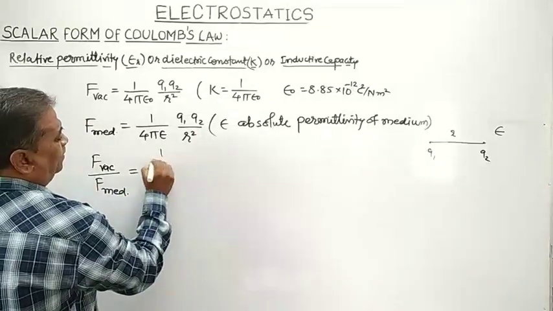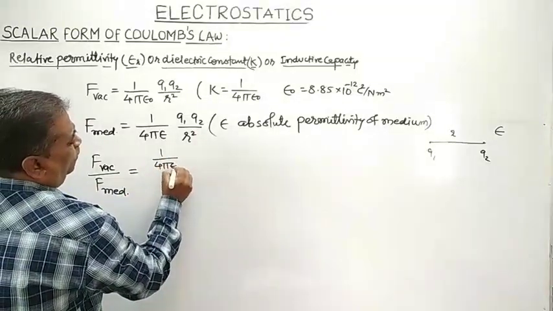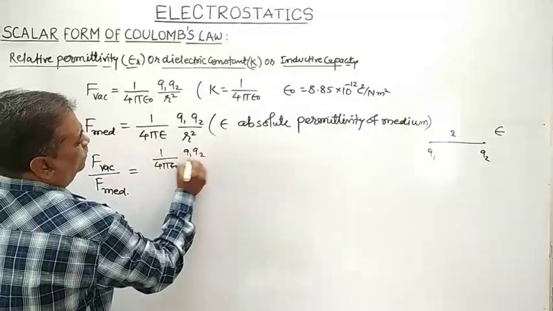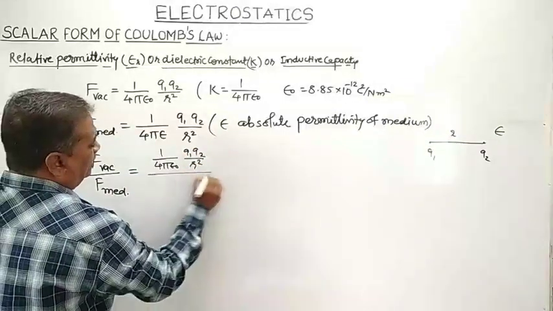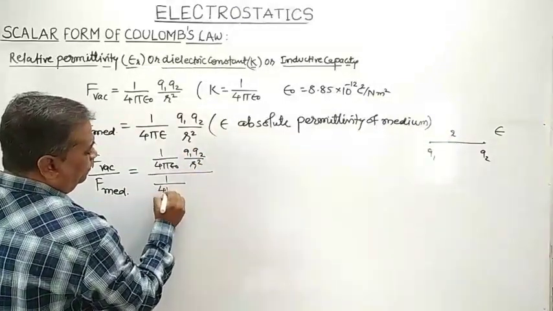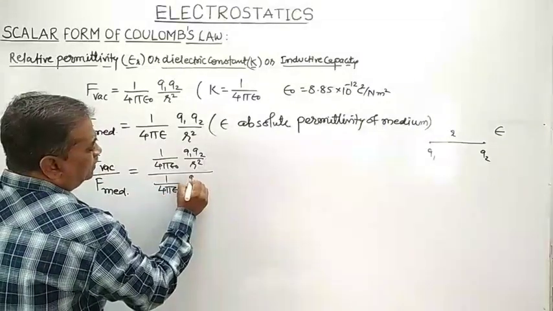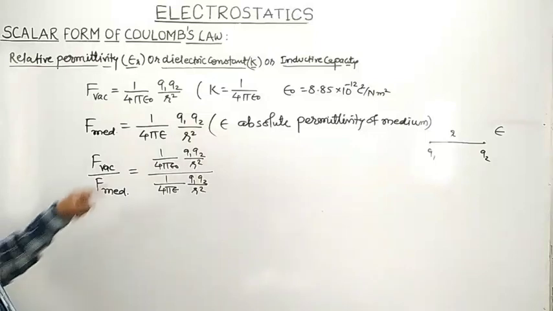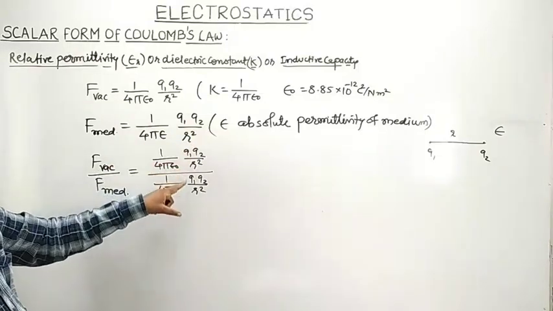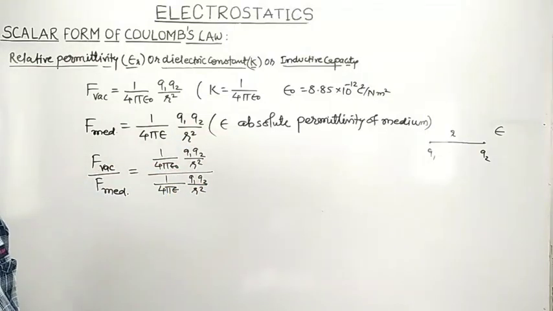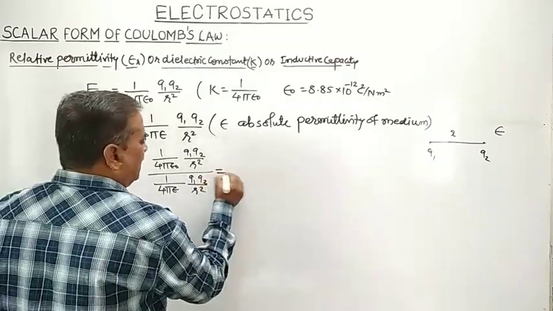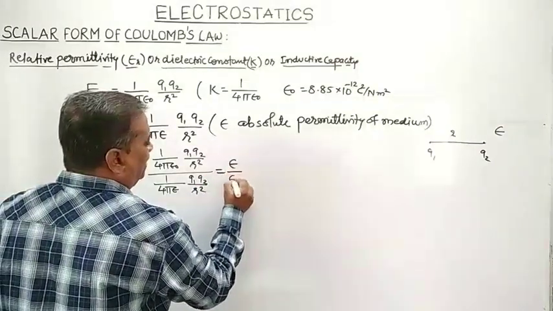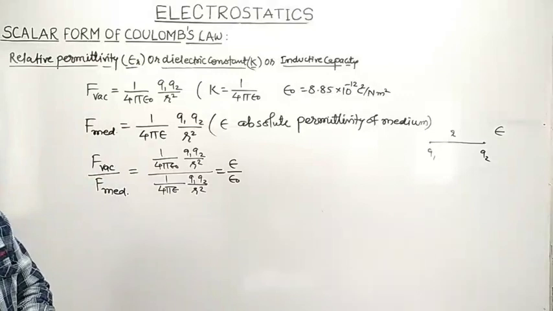Then it is found to be equal to 1 upon 4 pi epsilon 0 q1 q2 divided by r square, whole divided by 1 upon 4 pi epsilon q1 q2 divided by r square. 4 pi, q1 q2 upon r square get cancelled and it is left with epsilon divided by epsilon 0.